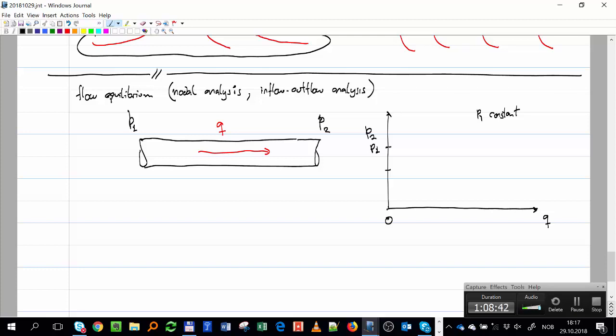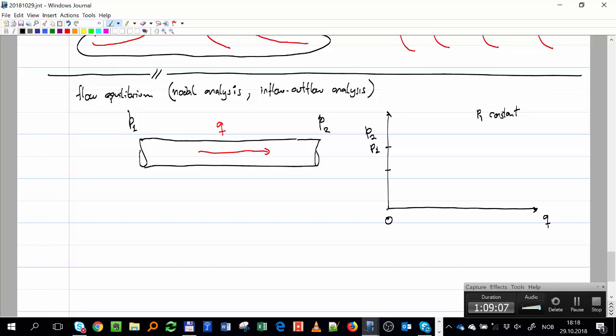Because how do I calculate P2? I start from that pressure, and then I go in this direction, taking out the friction losses. When the flow is going through the pipe, it's losing energy due to friction with the walls. Therefore, the pressure will be less than P1. All of you agree?